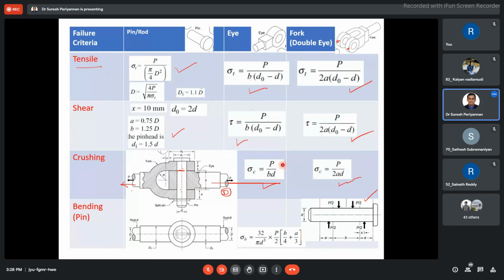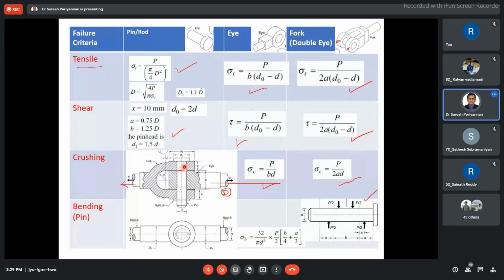P by B D is the crushing in the eye, and then the crushing failure of the pin with respect to the fork. Here also compressive load is acting, hence crushing failure due to the fork. Sigma C equals crushing failure with respect to the fork.